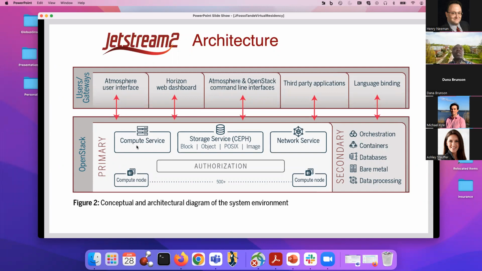Compute service, storage service, which is mostly through Ceph, a network fabric, and an authorization layer right underneath those, and you have compute nodes, 500 plus, right below the authorization level. On the secondary, you have orchestration, containers, databases, bare metal, and data processing as well. So this is a conceptual and architectural diagram for the systems environment.